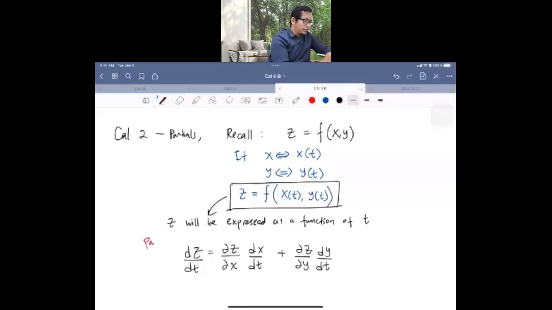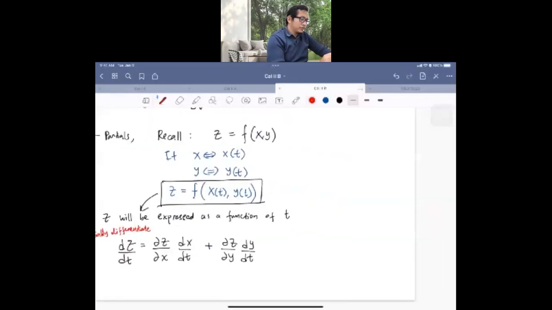So if we partially differentiate z with respect to t, this is what we have. Okay, to make sure that what we have here is correct, we need to confirm, right?